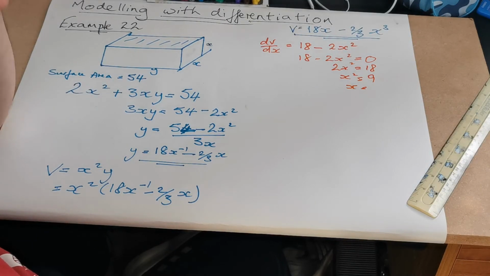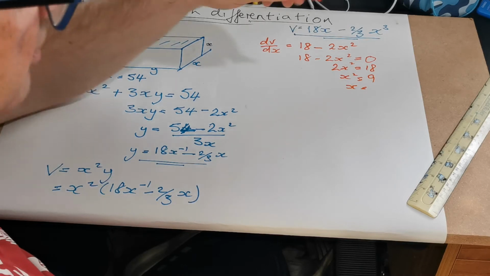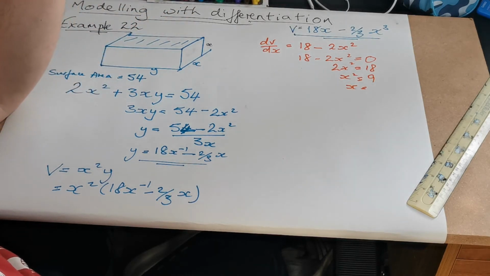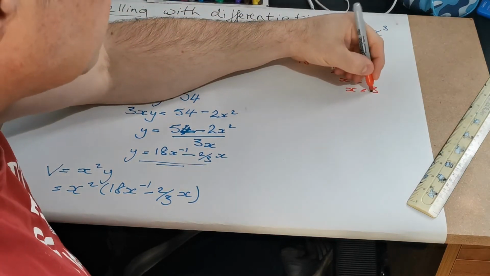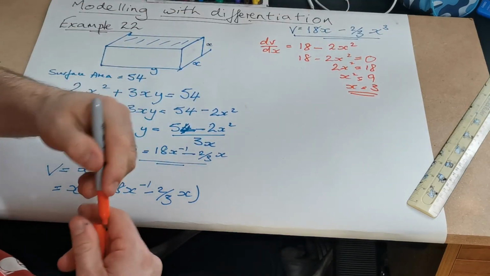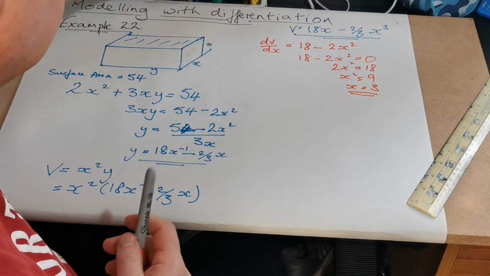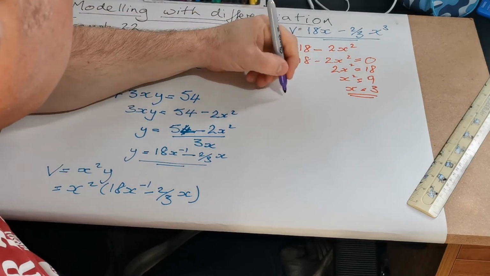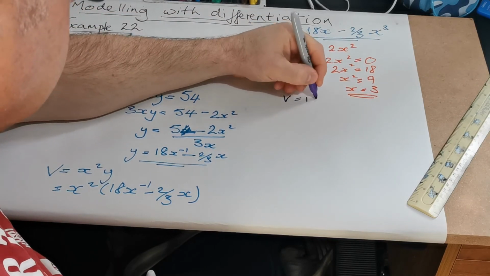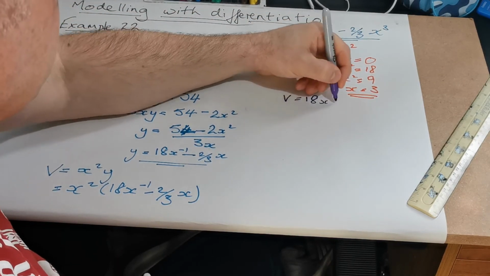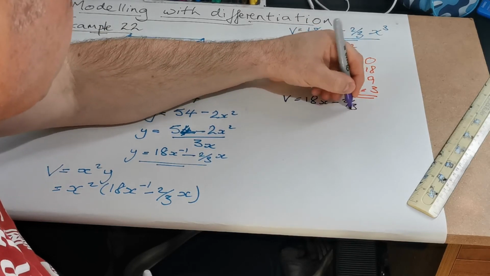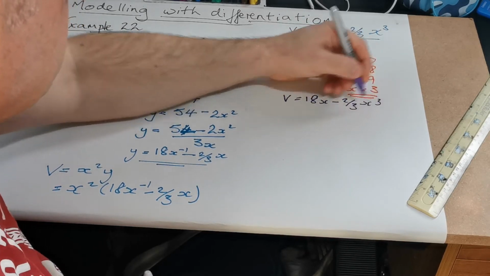At this point we should realise that minus 3 has an irrelevant meaning. We can't have a negative side length of a cuboid, that would be nonsense. So x equals 3. And so we go back to looking at v to answer the question. V equals 18x minus 2/3 x cubed.